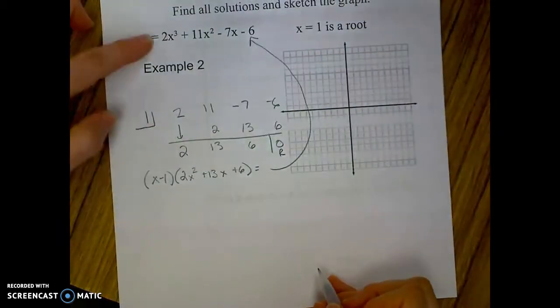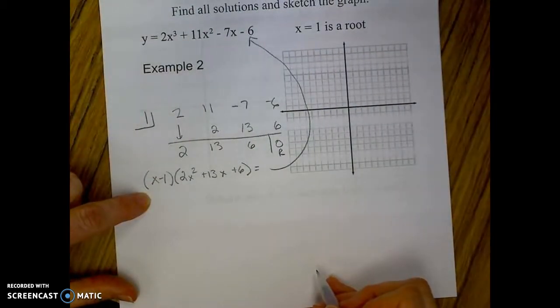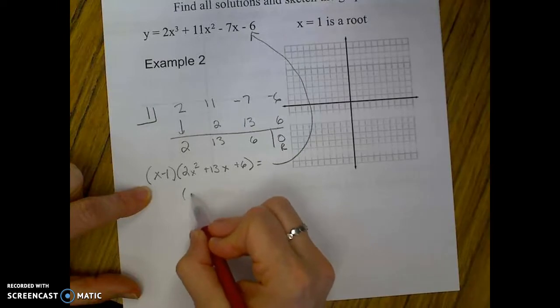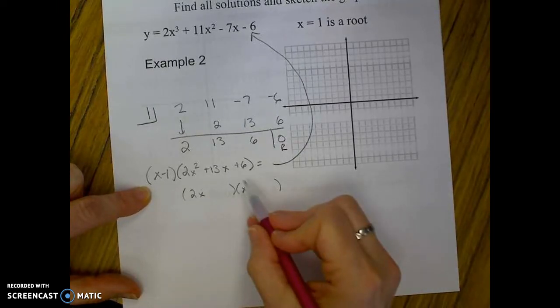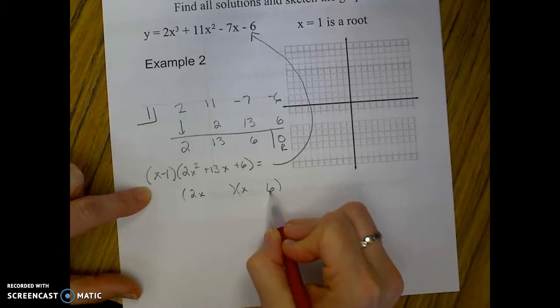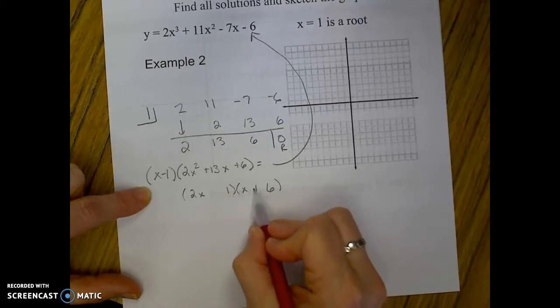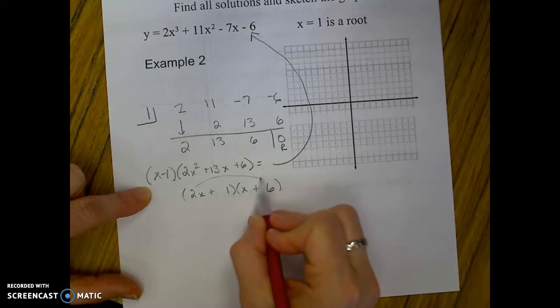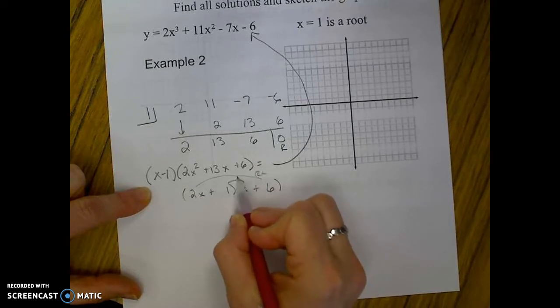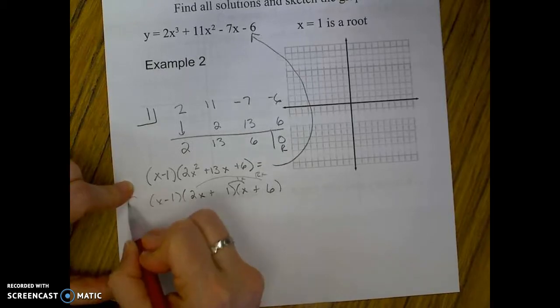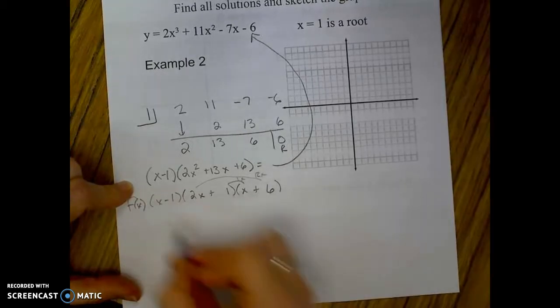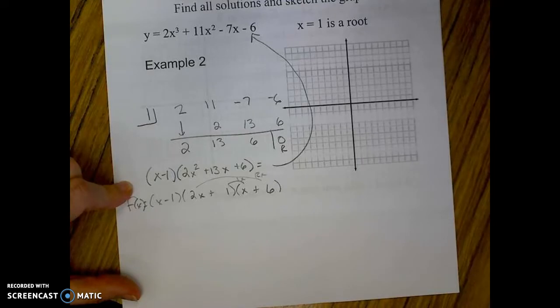So what I've done is I've factored that partially. I can continue to factor that because that would be 2x and x. And in order to get the 13, I'll do 6 and 1, both positive. So there's 12x and 1x, which is the 13. So this is my function, equals this, my original dividend.